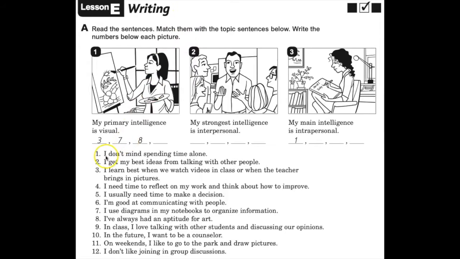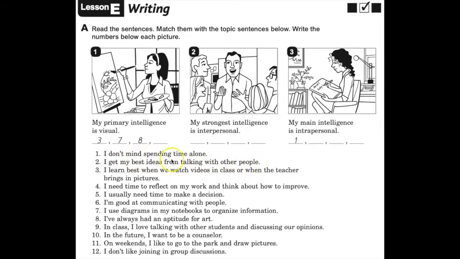Okay? I don't mind spending time alone. Is that person visual, interpersonal, or intrapersonal? This is number 1, so you would write 1 under intrapersonal. Number 2, I get my best ideas from talking with other people.